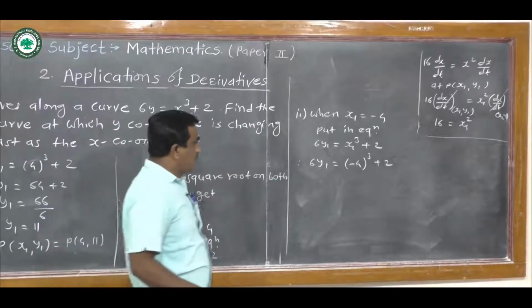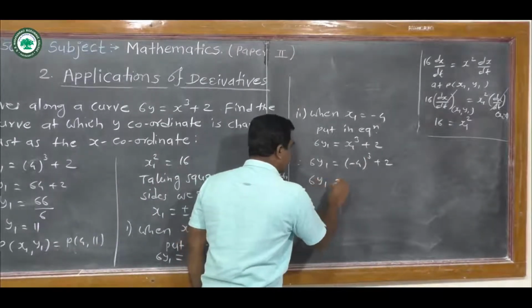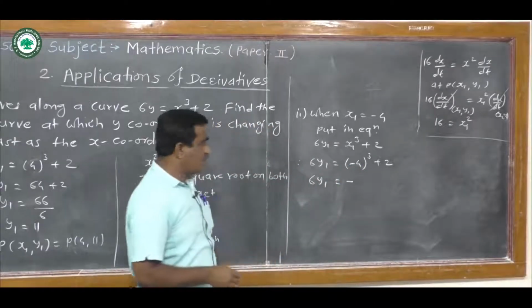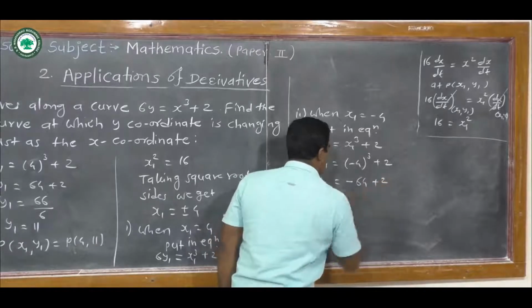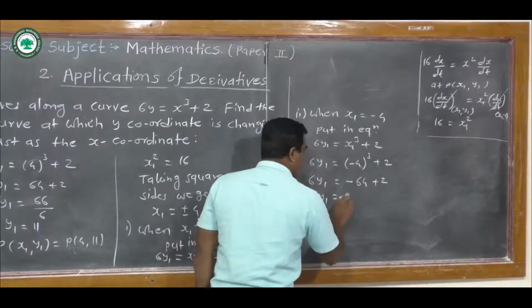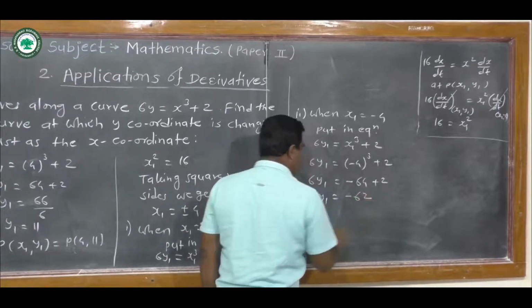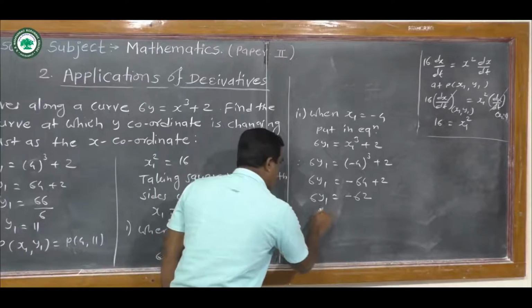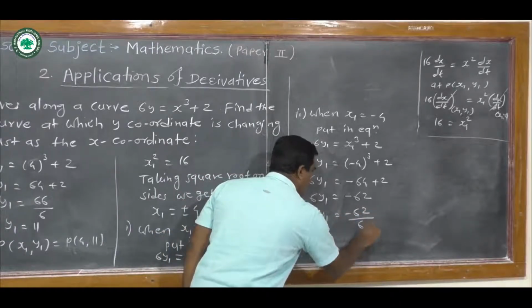Now cube of minus 4 is minus 64, plus 2, that is 6y1 is equal to minus 64 plus 2, which means minus 62. That is, we get here y1 is equal to minus 62 upon 6.